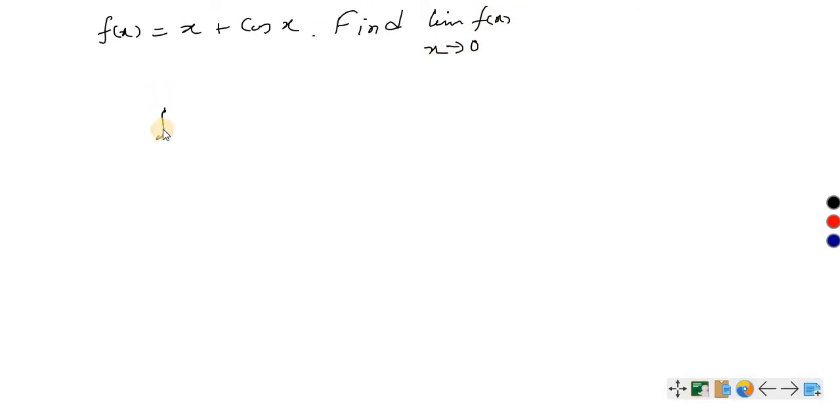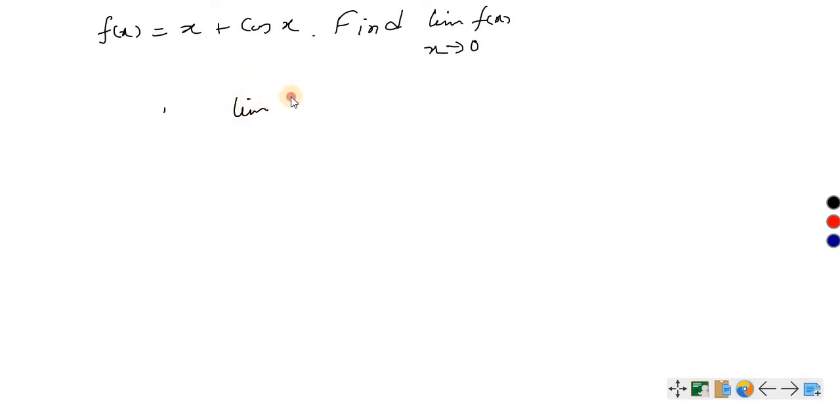Now consider another function, f of x equals, say, x plus cos x, and here you have to find the limit as x tends to 0. So let us see how to get the limit of this function when x approaches 0.